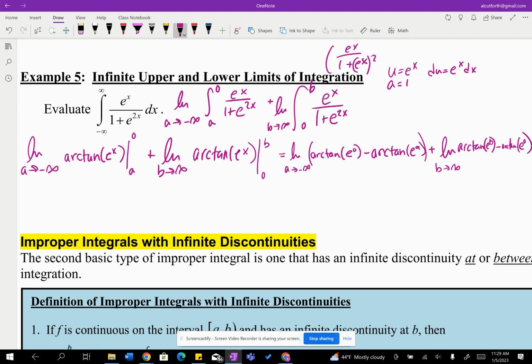Plug in 0. Subtract. E to the 0 is just 1, so this will be arctangent of 1. That's just a constant. So the limit of a constant will just be another constant. So that will be arctangent of 1.